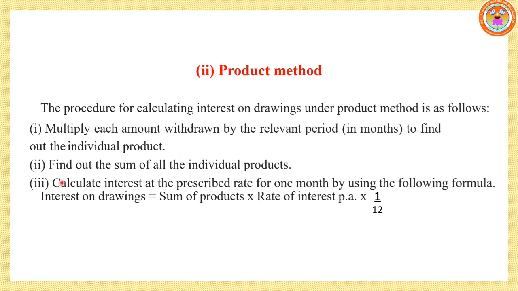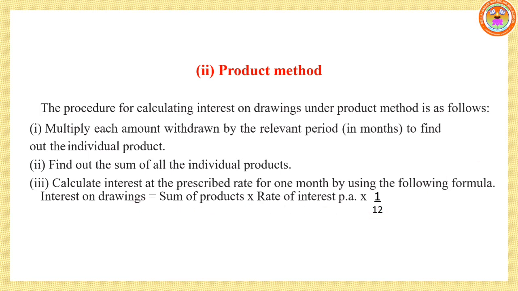Then total it, find out the sum of all the individual products. Then the final formula for interest on drawings is sum of products into rate of interest by 100 into 1 by 12. Under the product method, we use this formula.